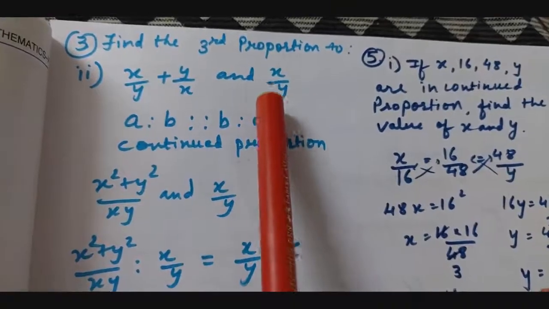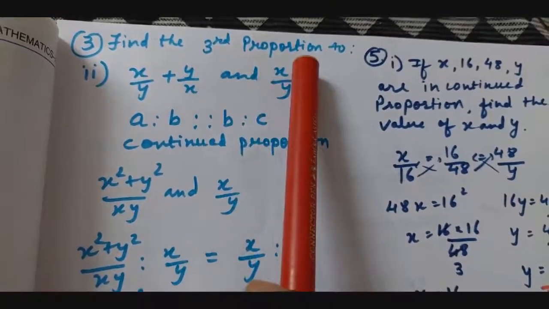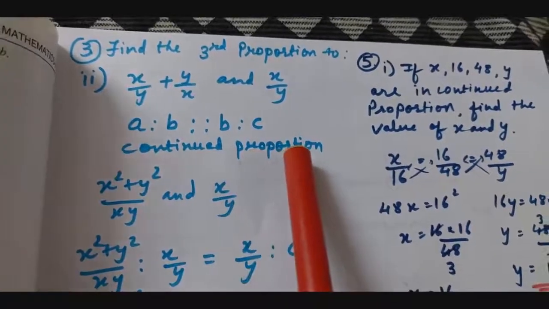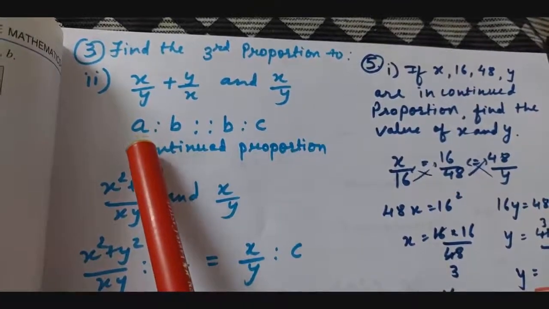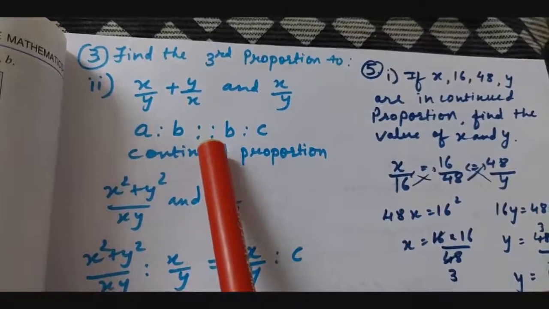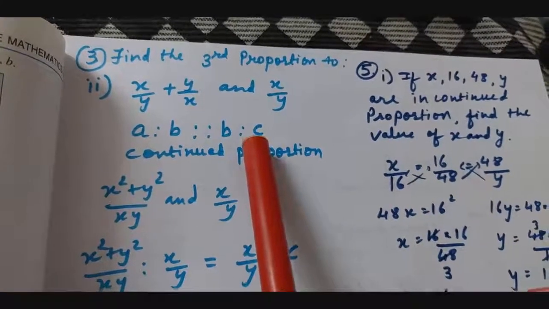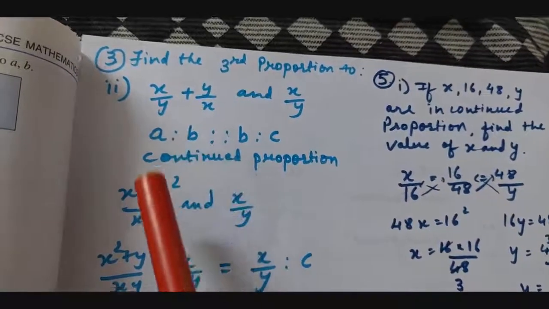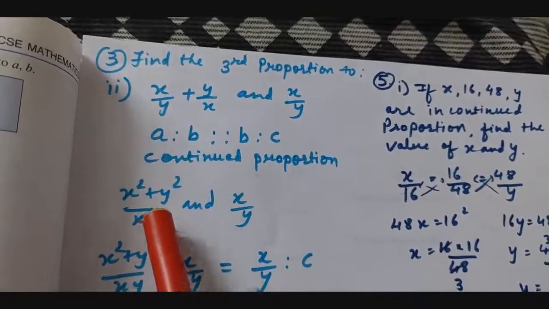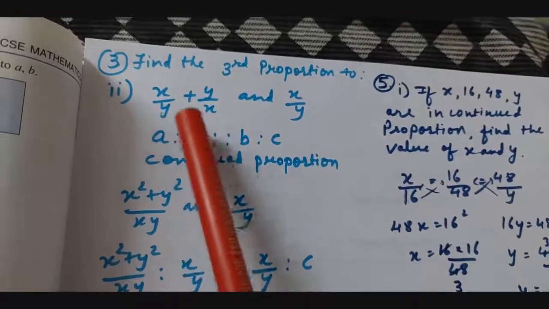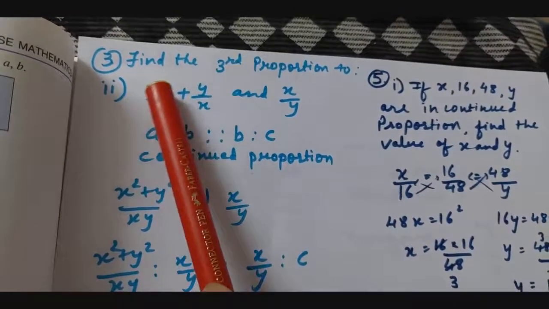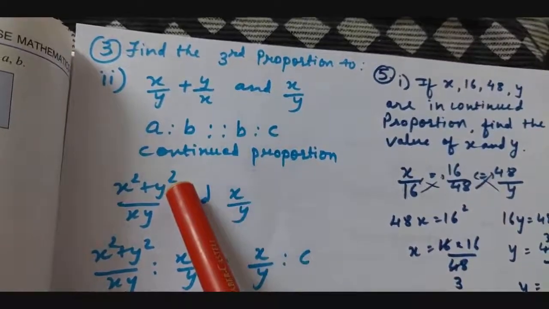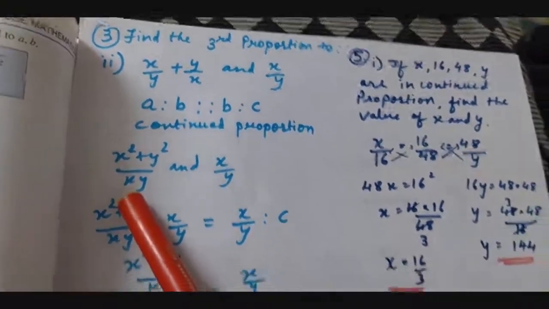Whenever we have two terms and they ask to find the third proportion, it means we have to use continued proportion, as I have written A ratio B in proportion B ratio C. So here first of all, this term I'll take LCM and write like this. You can take LCM here x and here y. So x into x becomes x square and y into y becomes y square upon xy.